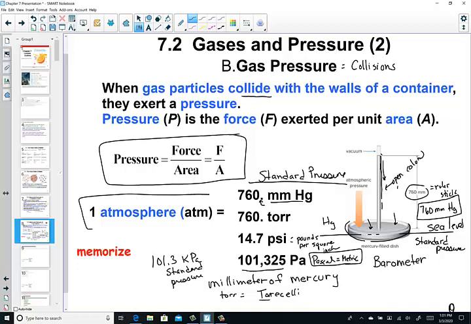Those all equate to one standard atmosphere. When you see the abbreviation ATM, that stands for atmospheres of pressure. 1 is a number that we assign to 760 millimeters of mercury, the height of a column of mercury at sea level measured with a ruler stick. Do you have those written down? That would be very helpful to put a note there: memorize.